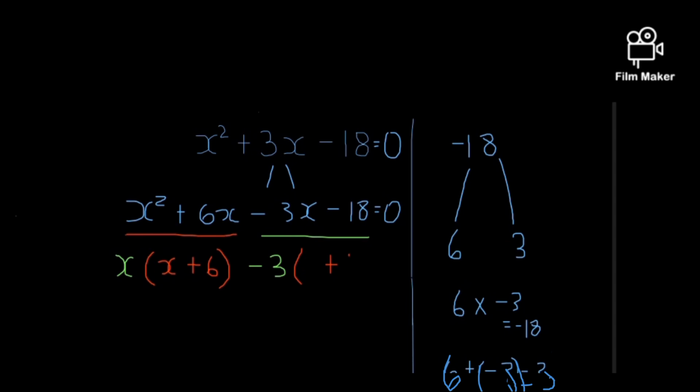We could have written it as 6 plus x, but just for consistency we'll write it as x plus 6. Alright, and this is all equal to 0.